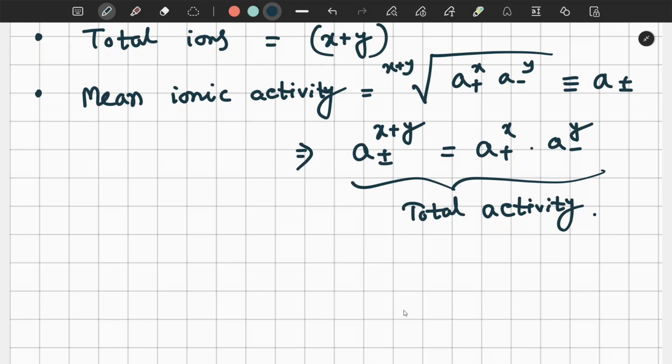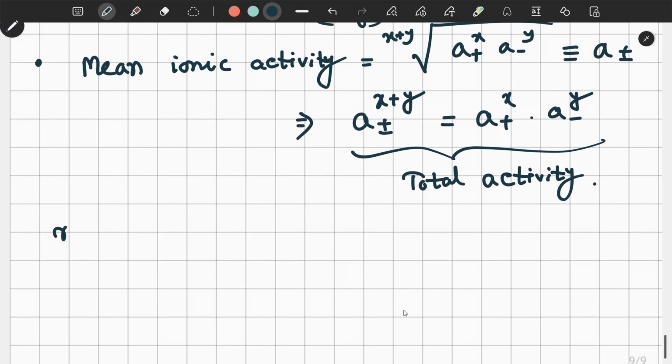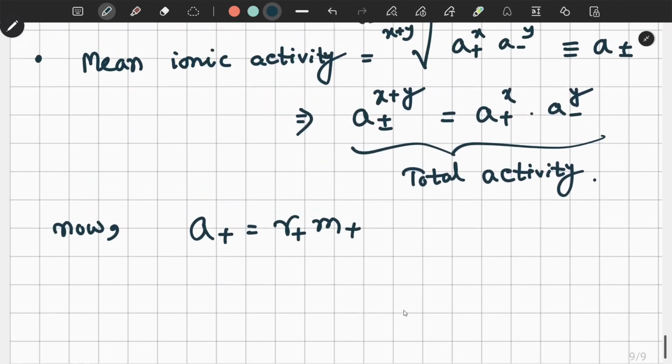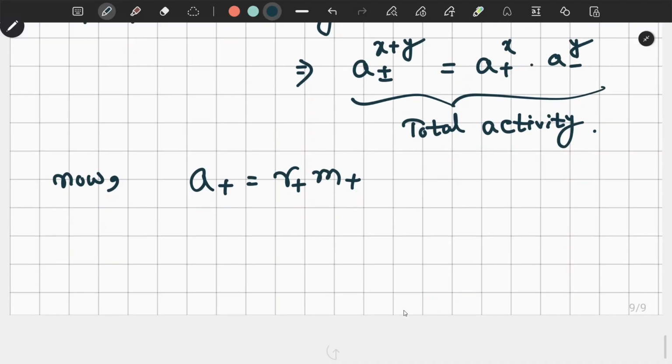Now, directly it will happen from this formula: activity coefficient. You don't know the activity, you know the concentration. This is the concentration, this is the activity, this is the activity coefficient.